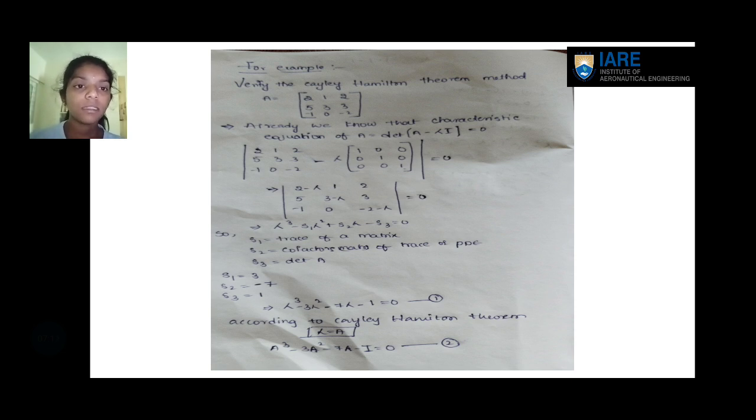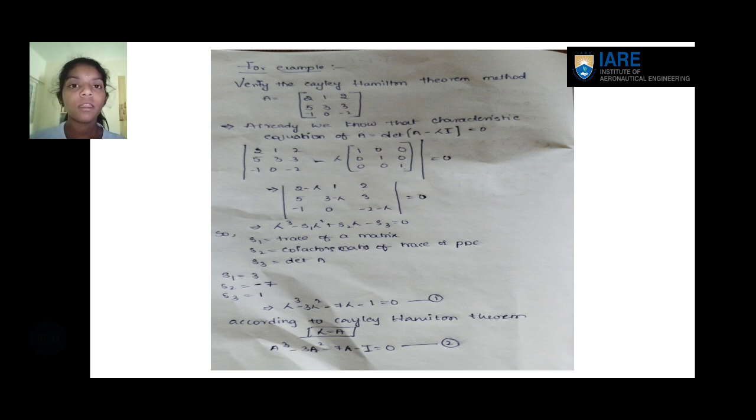By the characteristic polynomial lambda cube minus S1 lambda square plus S2 lambda minus S3 equals 0, we get lambda cube minus 3 lambda square minus 7 lambda minus 1 equals 0.